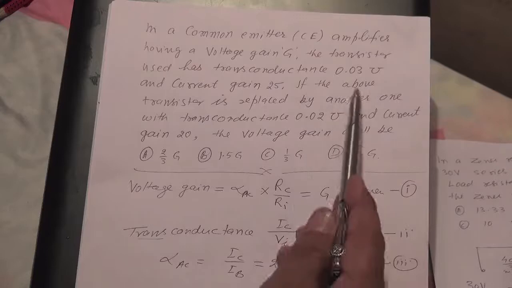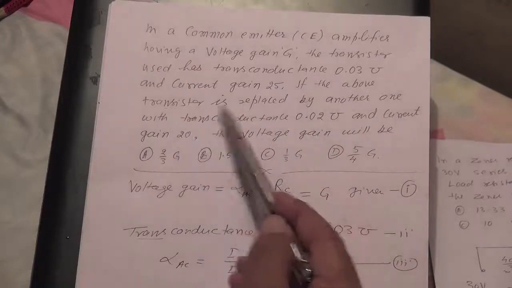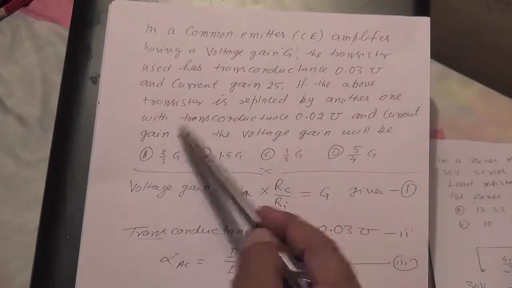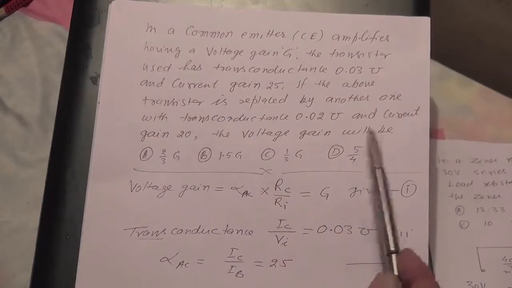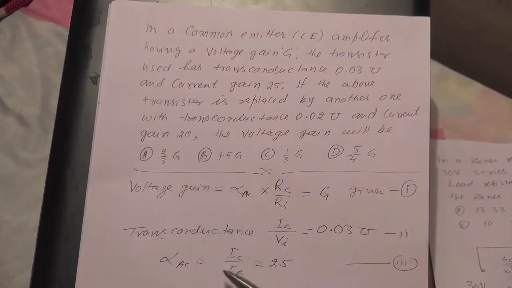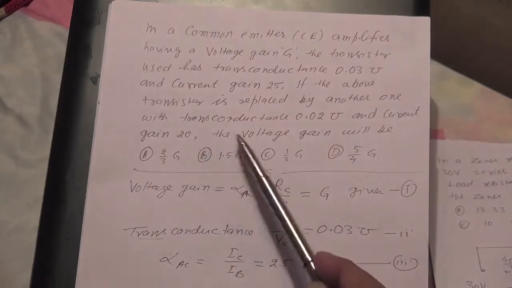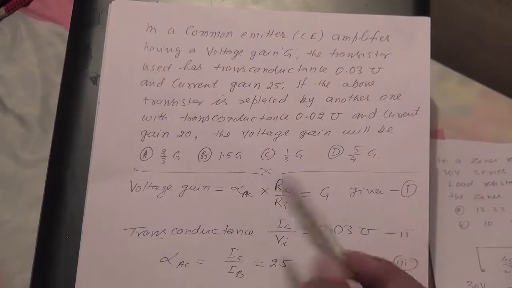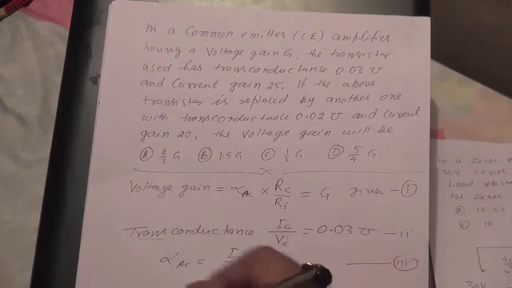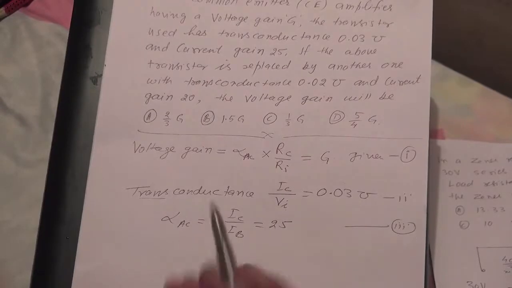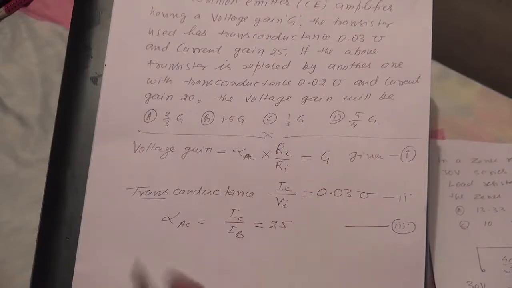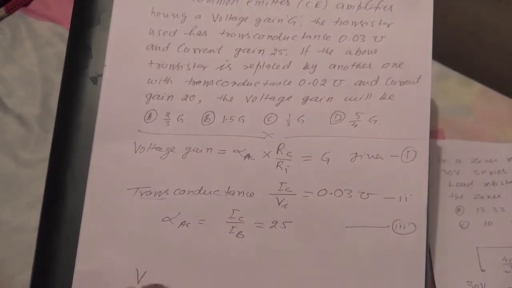And now we have to find out when this transistor is replaced by another one. उसका भी ट्रांसकंडक्टेंस दिया है विच इज डिफरेंट. करंट गेन वो भी दिया है, वो भी डिफरेंट. तो हमको वोल्टेज गेन निकालना है उसका, यानी ये फॉर्मूला हमको दूसरे का निकालना है. अब दूसरा ट्रांजिस्टर जब हम लेते हैं तो उसका वोल्टेज गेन निकालने के लिए वोल्टेज गेन हमको कैसे मिलेगा?